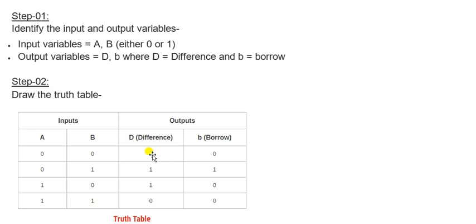So according to the binary subtraction rules, 0 minus 0, difference is 0, borrow is 0. 0 minus 1, difference is 1, borrow is 1. 1 minus 0, difference is 1, borrow is 0. 1 minus 1, difference 0, borrow 0.